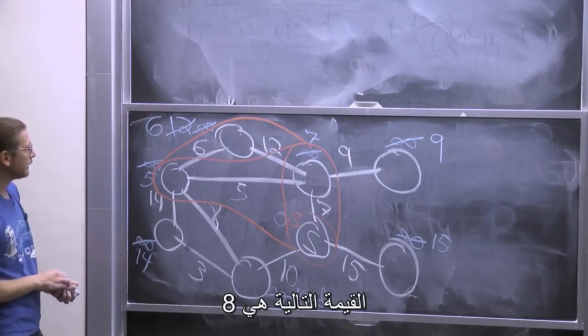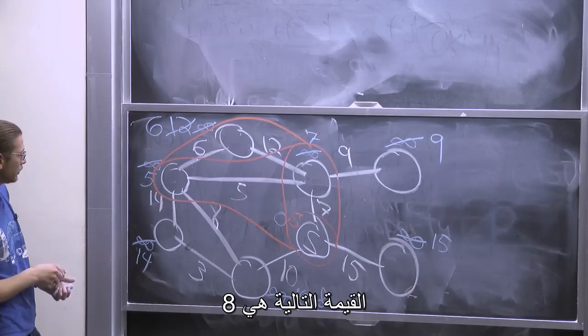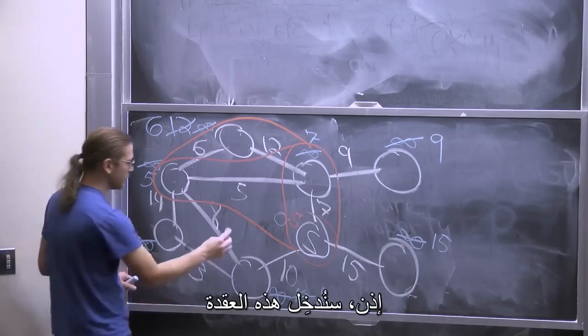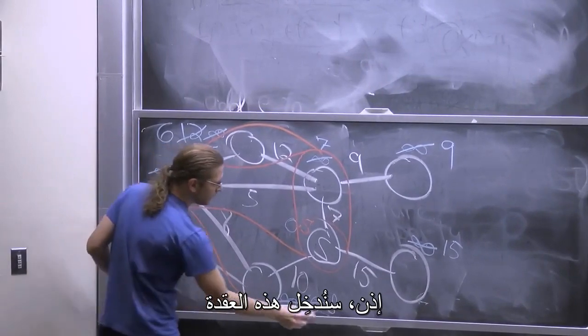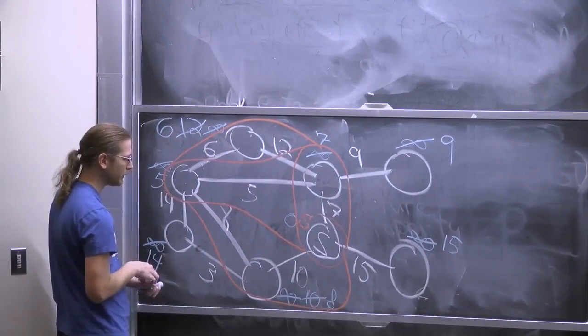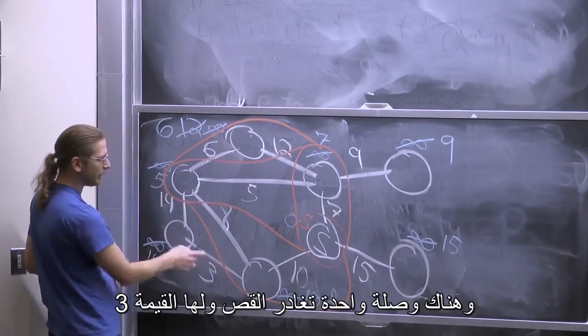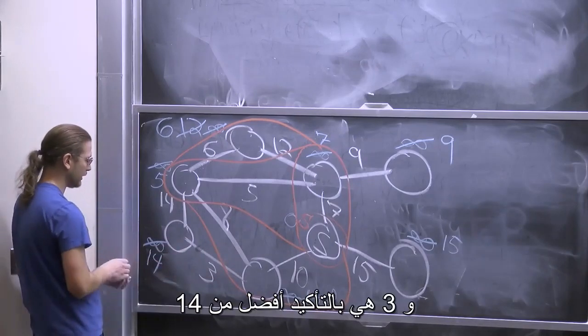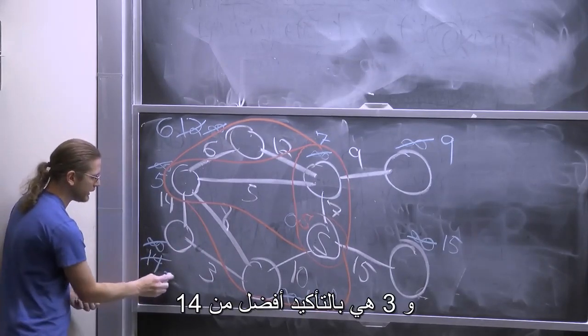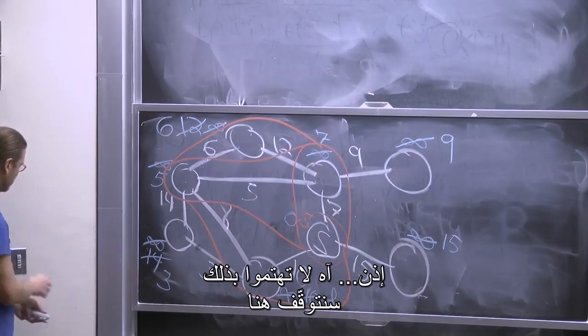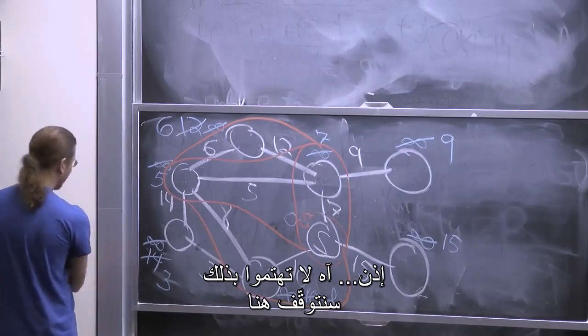Next one is 8, right? So we'll add in this vertex. And there's only one edge that leaves the cut, so that's 3. And 3 is indeed better than 14. So, whoa. Never mind. Stop.